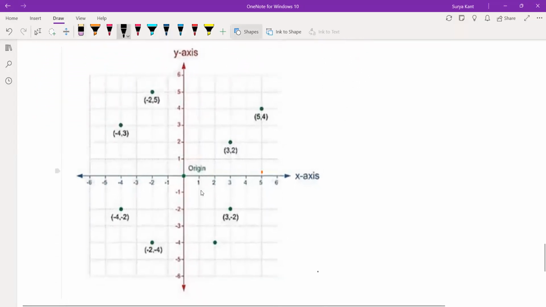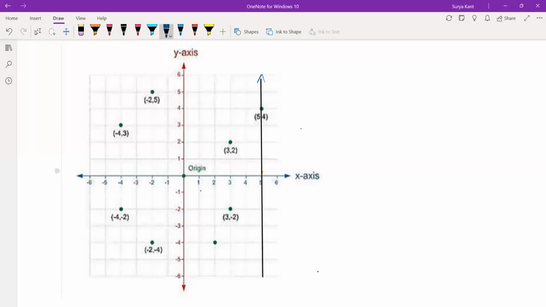Suppose I'll take one example. This line, can you see, Harini? This black line. This line is parallel to which axis? Tell me. To the y-axis. This much you understood now? The line parallel to y-axis.